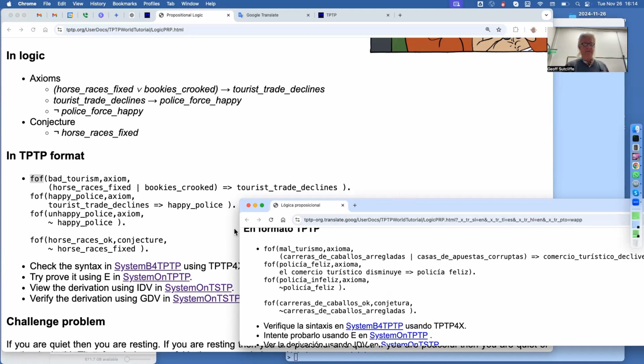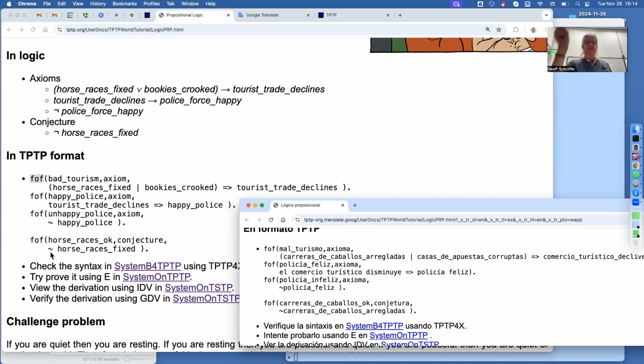Similarly, the next one, happy police, is an axiom. If the tourist trade declines, that implies happy police. We know police are unhappy, not happy police. 1, 2, 3 axioms. Then the conjecture to prove is the horse races are not fixed.